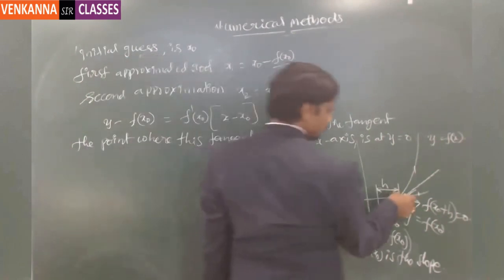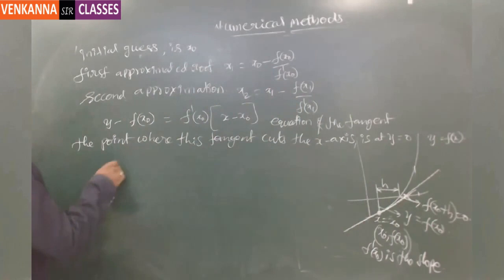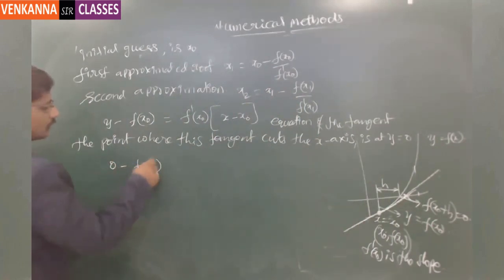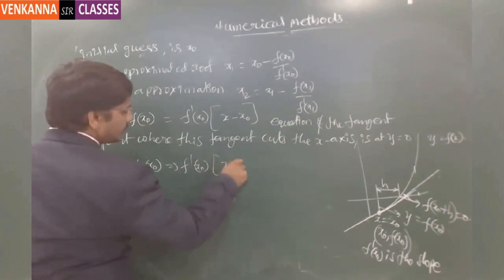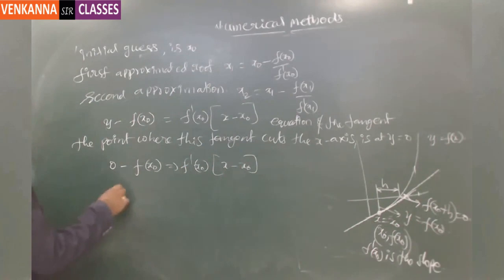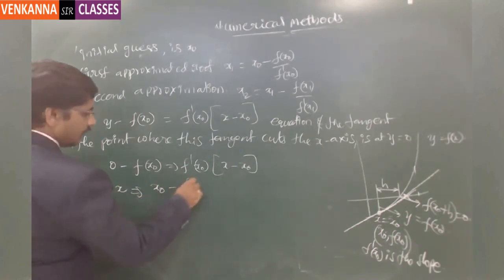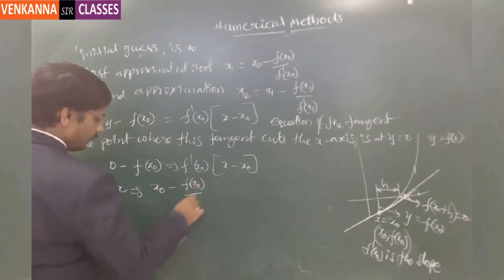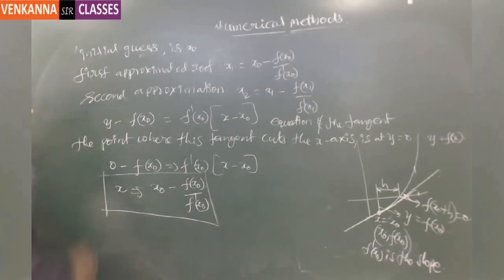If you substitute here, 0 minus f of x naught is equal to f dash of x naught into x minus x naught. Now the location where it cuts the axis is going to be x is equal to x naught minus f of x naught divided by f dash of x naught. Now this is what essentially the Newton-Raphson method talks about.